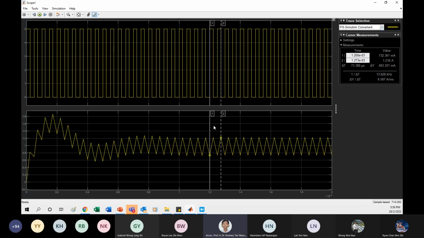Okay. So you look at here, now we are measuring with the cursor here. We move, this is the lowest side if you want to get it accurate, and then this is the highest point, right? And you look at here, delta Y, so it's around 0.48. So that tells you the difference.